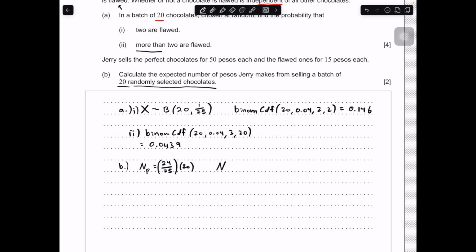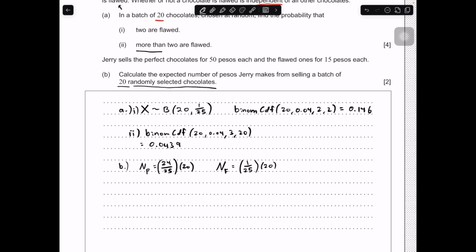And the number of flawed chocolates, well, the chance that one is flawed was 0.04, or 1 out of 25. And we would expect 1 out of 25 of the 20 chocolates to be flawed.